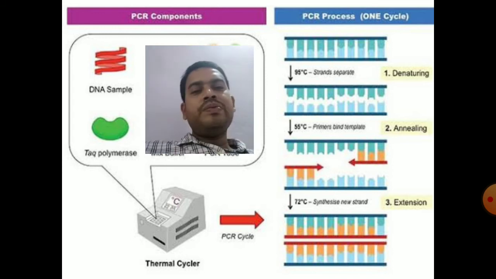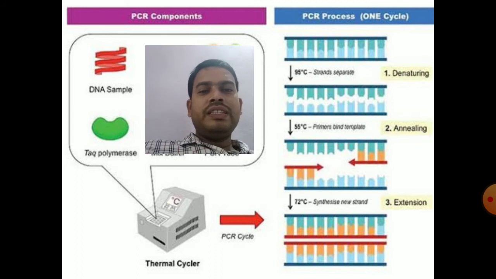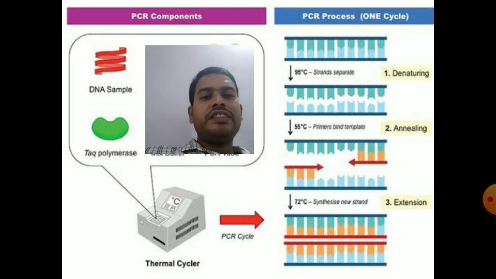So there are different variants like hot start PCR, real time PCR, etc. Whatever may be the PCR technique, the basic process is this: denaturation, annealing and extension, and the enzymes are Taq polymerase and Pfu polymerase, dNTPs, and the machine that is used is the PCR machine.